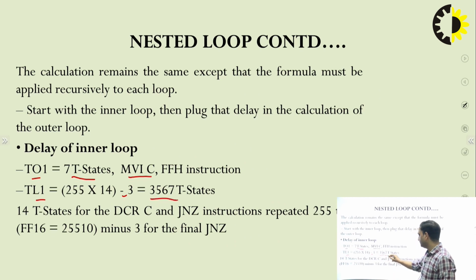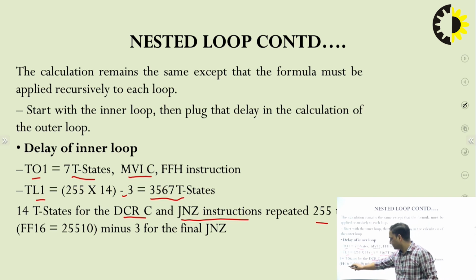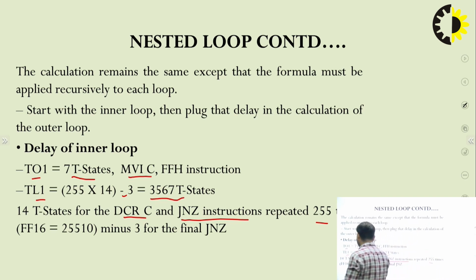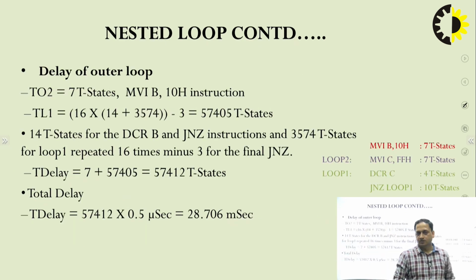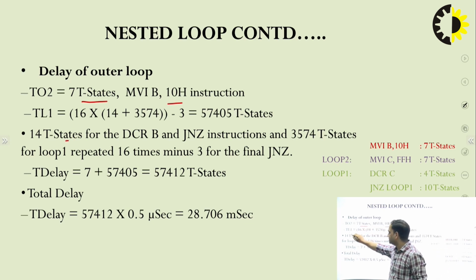So this value is 3567 T states. Then 14 T states for the DCR C and JNZ instruction, which is repeated 255 times. Here this FFH is 16 in hex and 255 in decimal. Minus 3 for the final JNZ. Now TO is the MVI, then the final TL1, loop 1, will contain 14 plus 2574.